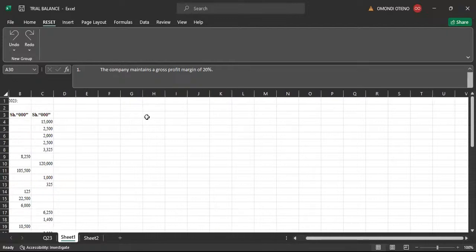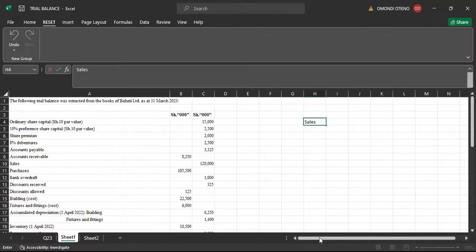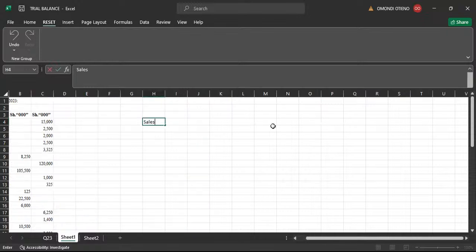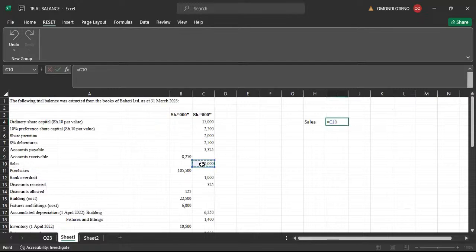But I want us to take it from this direction. We normally have sales to start. Do we have sales, or how do they call it? Yeah, sales revenue. It is the same thing. So we have sales there as 120,000.